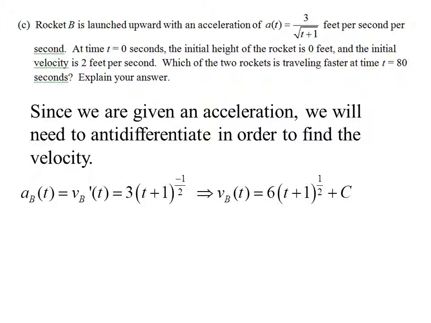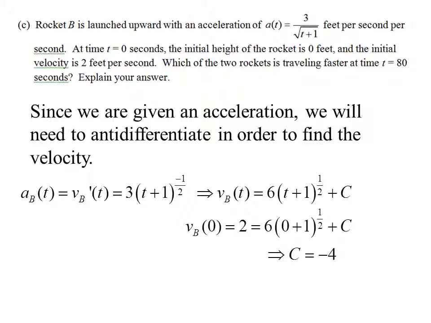Now this is the kind of problem where the plus c in the antiderivative is critical. We were given information about the velocity at a certain time, t equals 0. Using that velocity with the time 0, we substitute the values of 0 and 2 for time and velocity into the general velocity formula we had developed and solve for c.